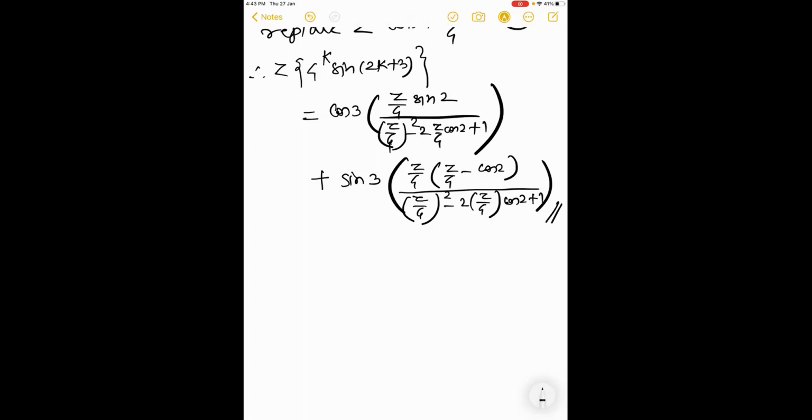If you don't remember something, you can put it in the summation and simplify that geometric series to get the answer for F(z). That is actually required. But a few standard sequences and standard properties need to be remembered, only then can we simplify the examples.